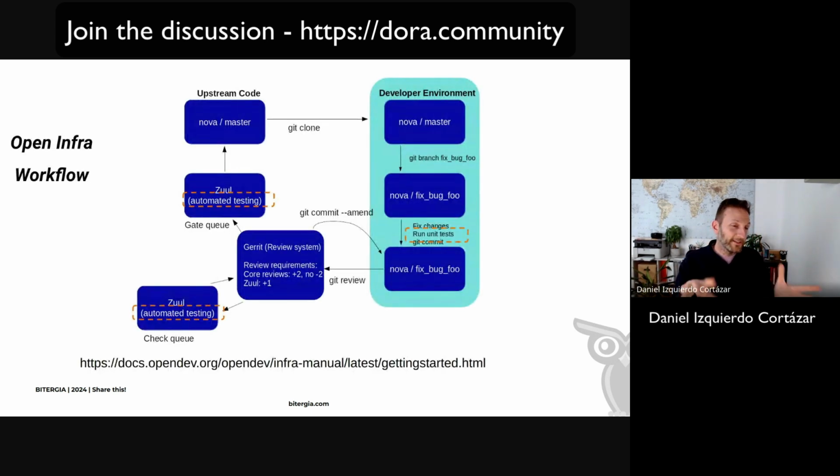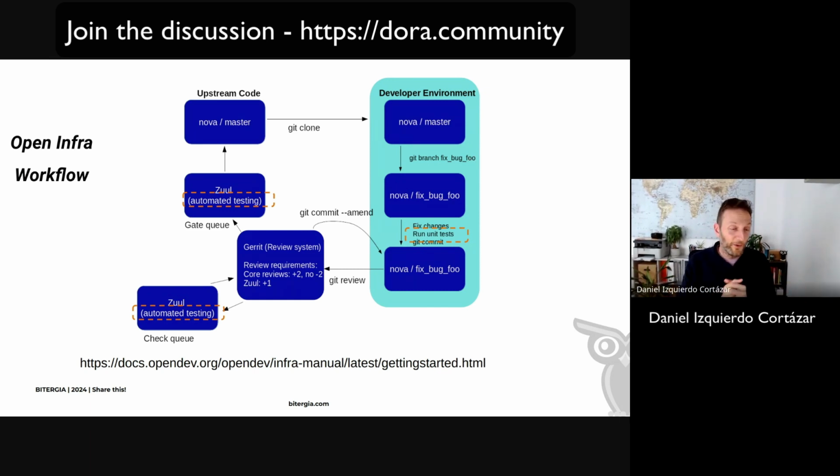And this is an example from OpenInfra. OpenInfra is the foundation hosting OpenStack. I assume you are more or less aware of this free open source software solution to build clouds. But really quickly, you have your developer environment, and you decide to work on a specific piece of software.